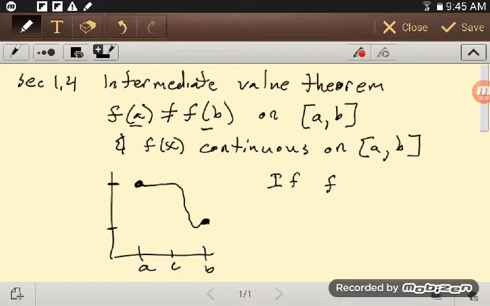if f of a, and now I'm just going to assume f of a is the bigger one in this case, but if it were the smaller one, we could still do the same thing.